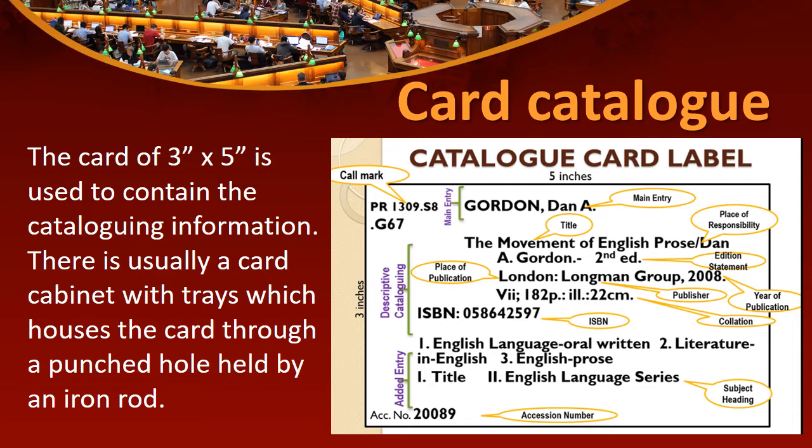This accession number is very important because every book in the library has a unique accession number. That means two books in a library do not bear the same accession number, although they can bear the same call mark. You know, call mark is what we use to group the books together. But accession number, every book, even if it is the same title, the same author, must have a different accession number. This is very important because it is used to determine which of the books is given to a particular user that comes to borrow it.